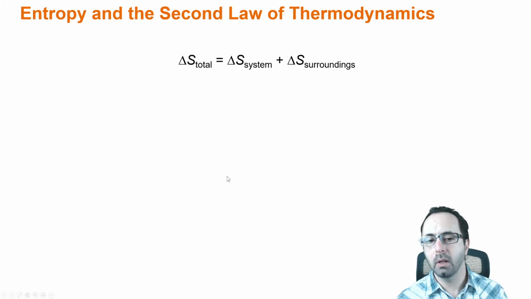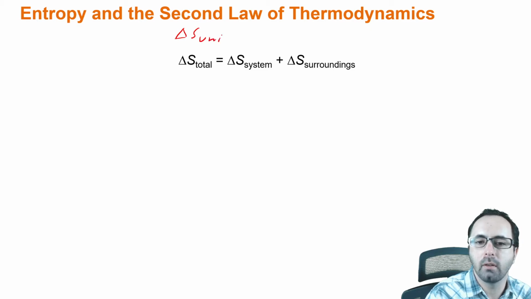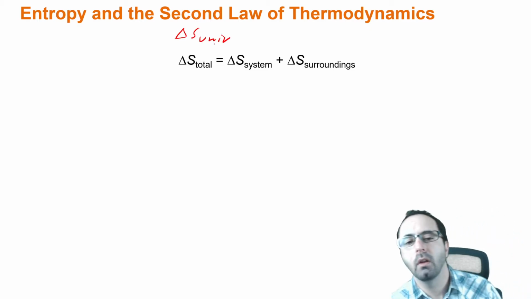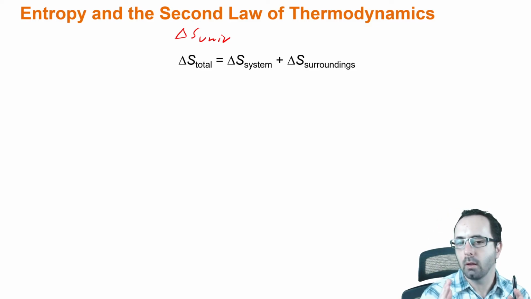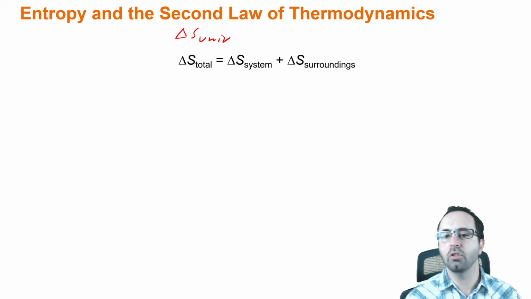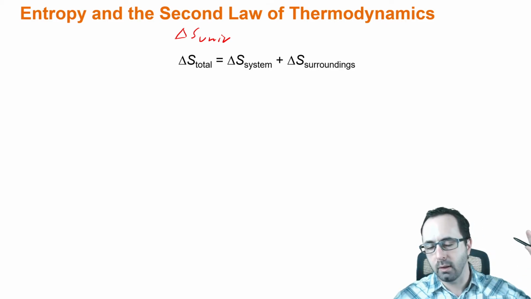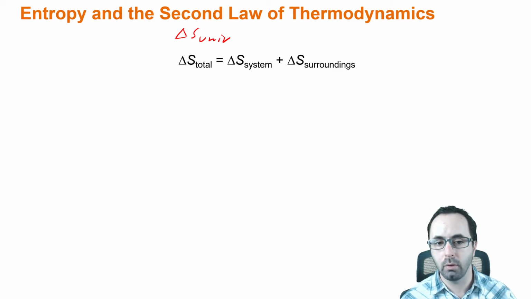So the total entropy, also called a lot of the times the delta S of the universe, is the change in entropy. The total change in entropy of everything is the change in entropy of the system, or whatever we're looking at, and the change in entropy of the surroundings, everything else, which is the rest of the universe.